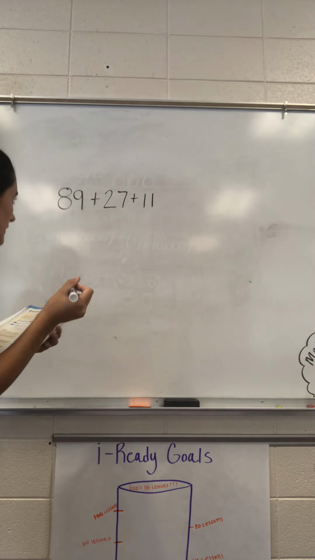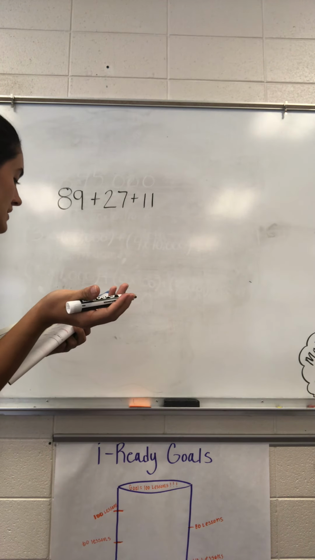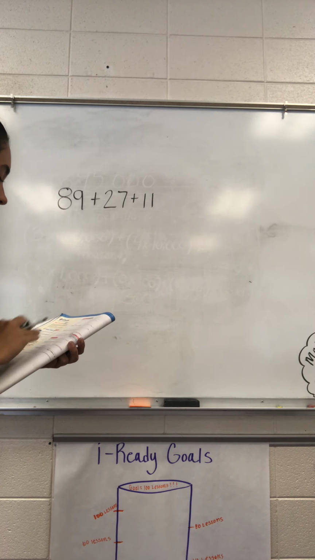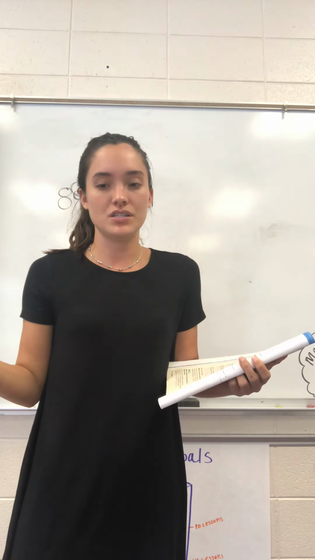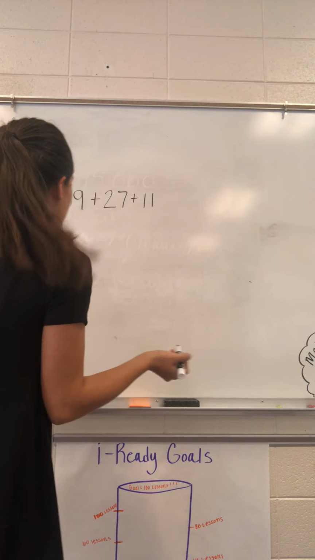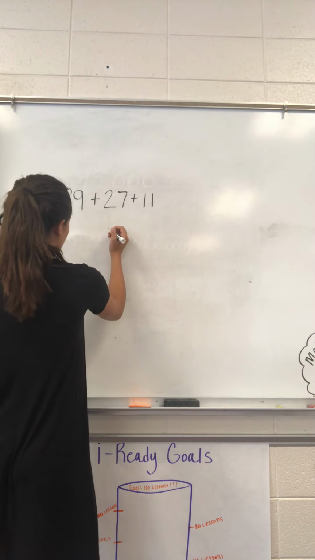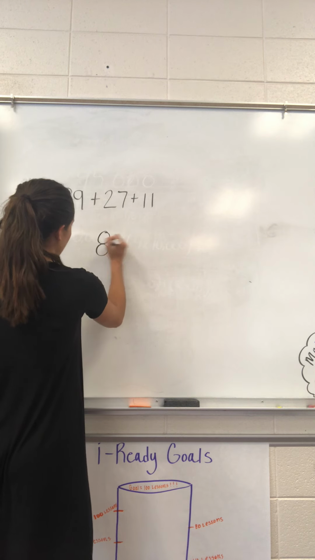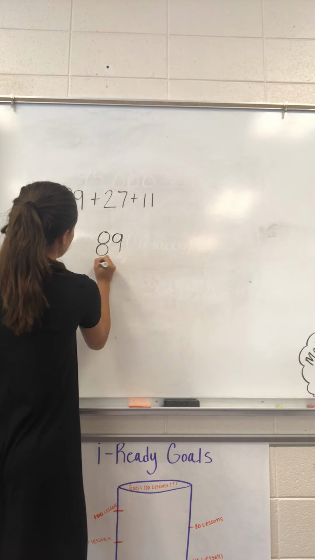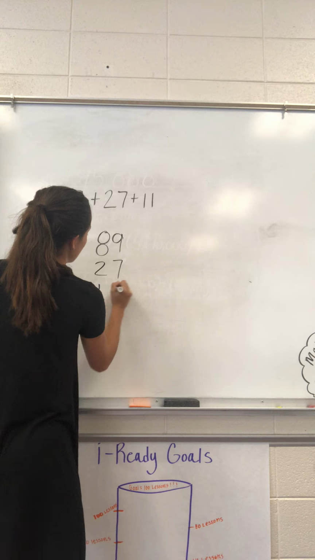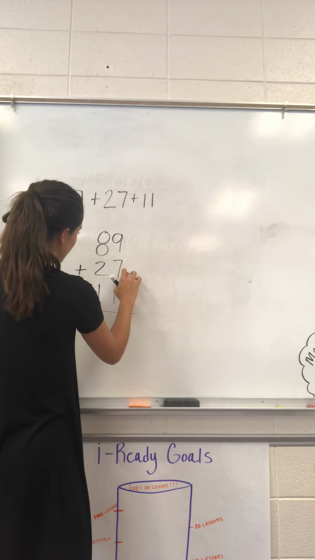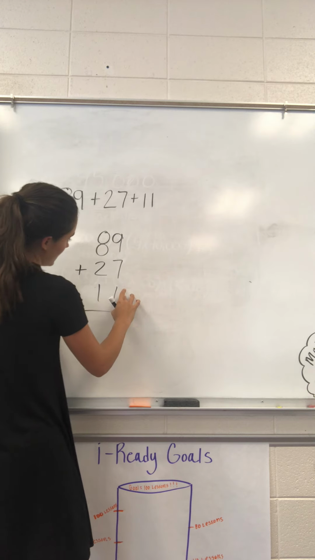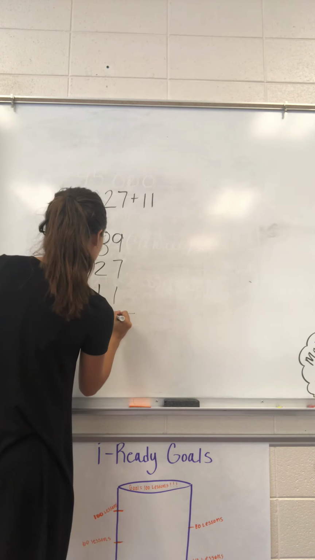All right, so we don't have any parentheses, so we don't have to worry about that. We have just addition, so we can just add all these numbers up. Let's just stack them: 89, 27, and 11. So 9 plus 7 is 16, plus 1 is 17.